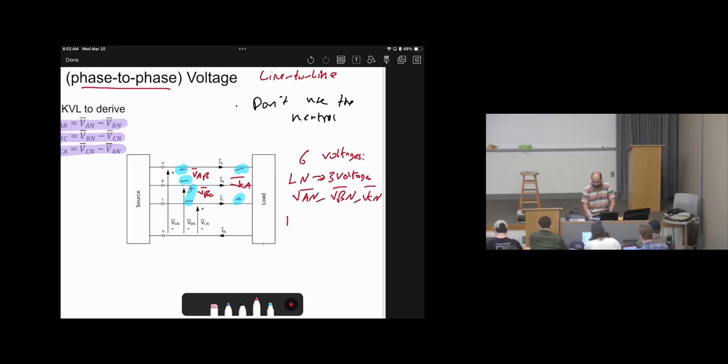And there are line-to-line voltages, and those are 3 as well. For line-to-line voltages, we will no longer use the neutral, so we will say VAB, VBC, VCA. So whenever you see 6 voltages, we mean 3 line-to-line, 3 line-to-neutral. Take it as a rule from now.